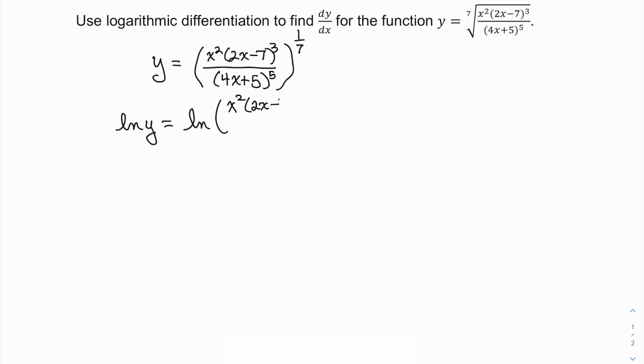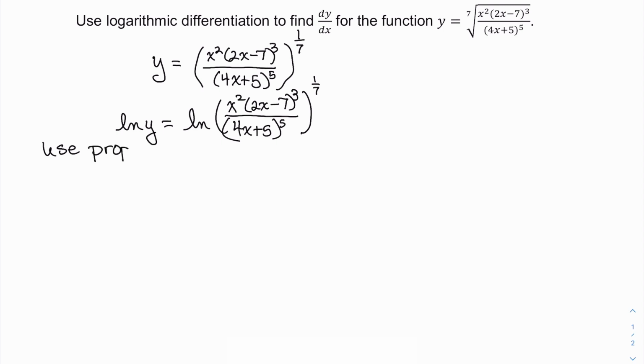Now what does that do for me? It allows me to use the properties of logarithms to expand out that right-hand side, and it helps me enormously by not having to go through as many layers of the chain rule.